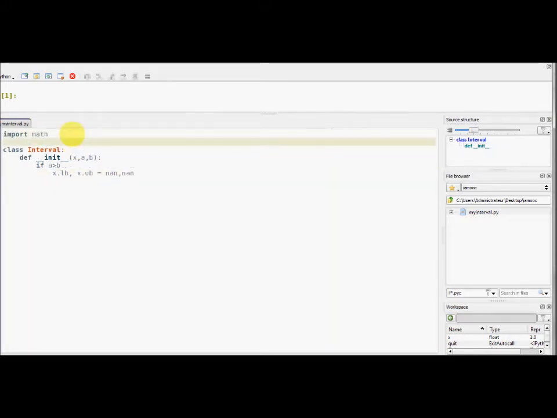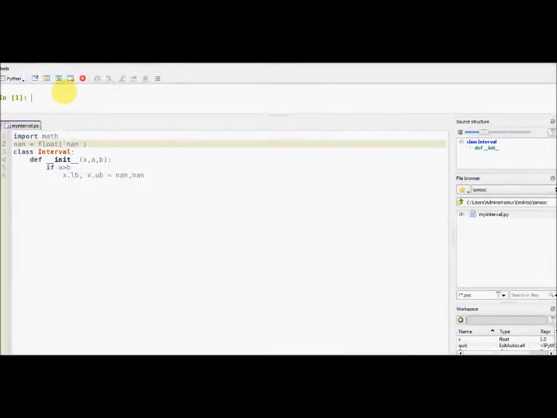Probably I will have to define what is not a number. Not a number is a float which corresponds to not a number. So it is a variable I define here. I will go to the console of Python to explain this. If I define a equal to float of not a number, what is a not a number?